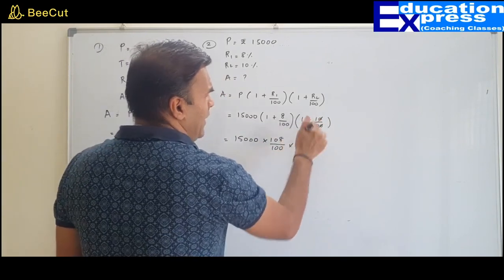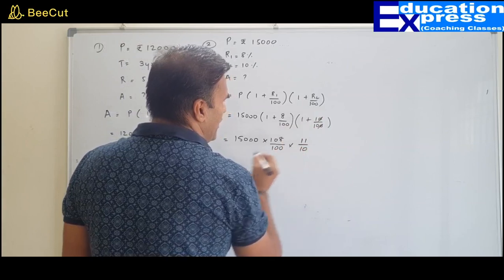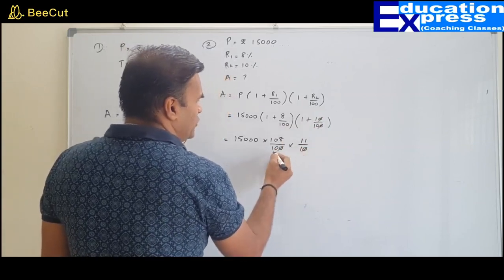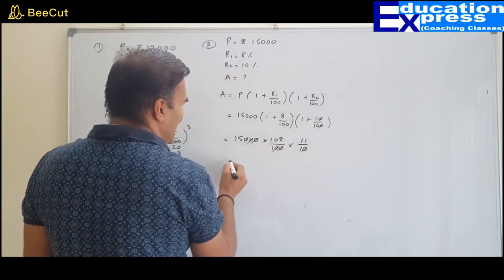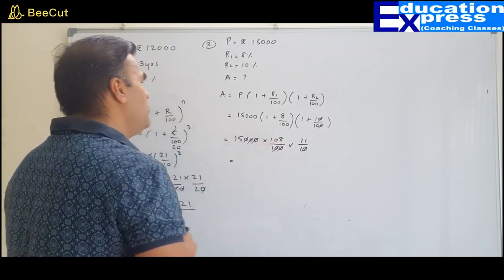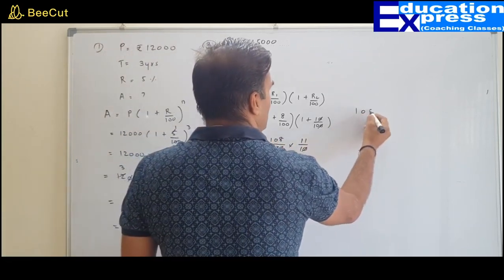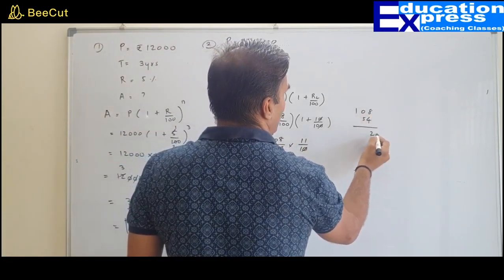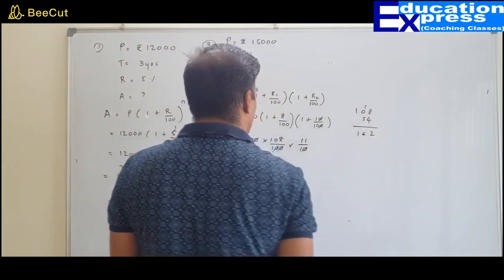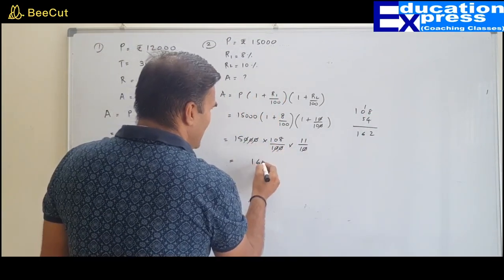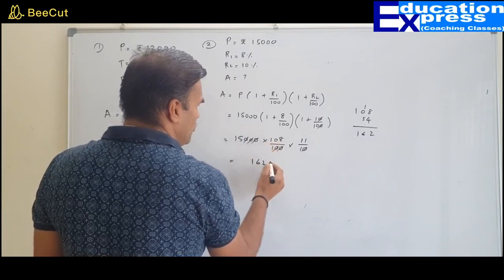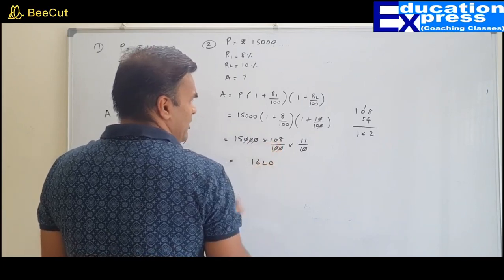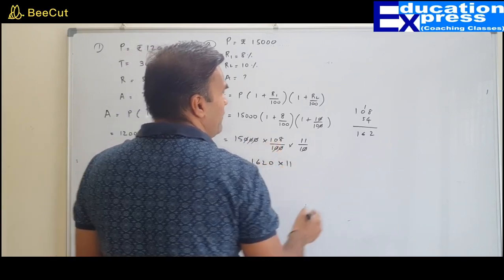So 10 plus 1, 11 upon 10. 1, 2, 3, 1, 2, 3. So can you multiply 15 into this? Of course, sir. 108, 54 will give you 162. So 162, this is 162, 15 into this, multiplied by 11.